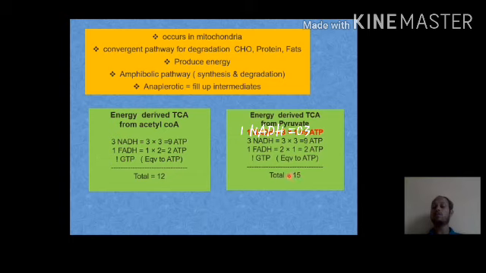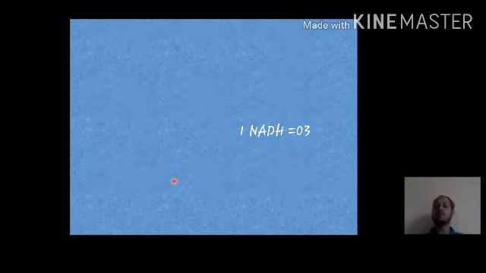Overall, a total of 15 molecules of ATP are produced if we consider the reaction from pyruvate. So 15 molecules from pyruvate and 12 molecules from acetyl CoA in one turn of the electron transport chain.